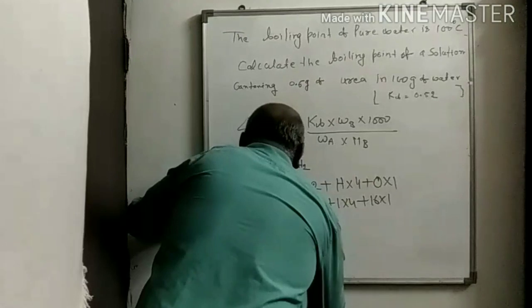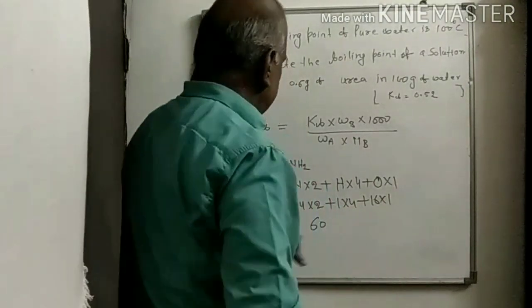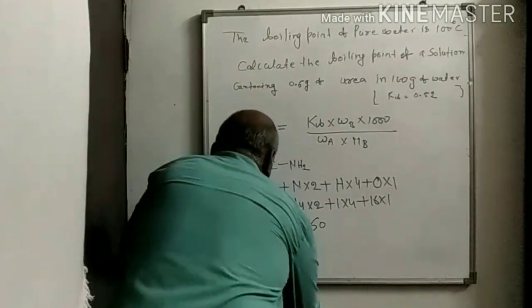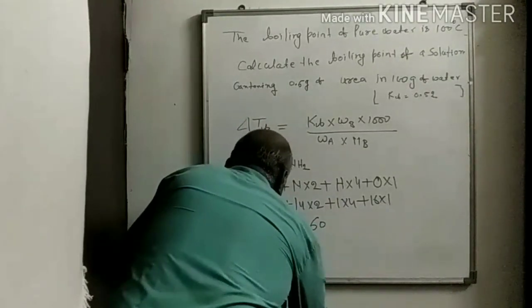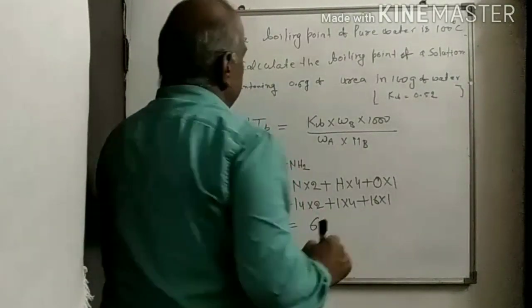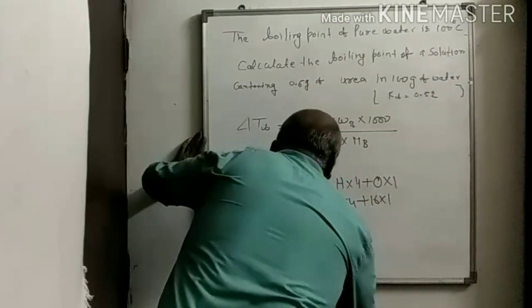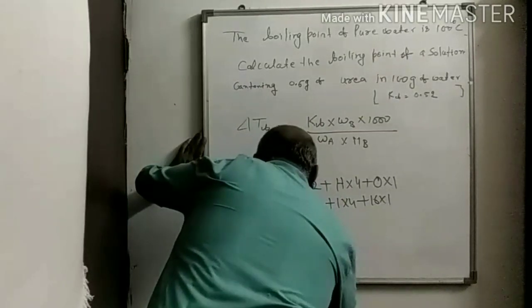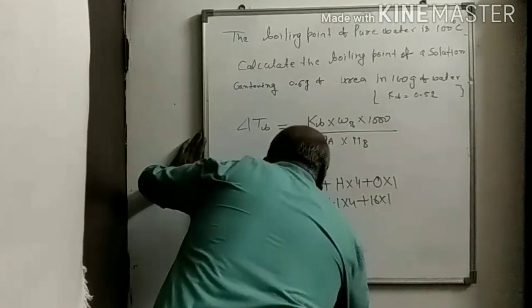I mean to say MB is equal to 60. MB is 60, and WB is equal to 0.6 gram, while WA is equal to 100 gram.